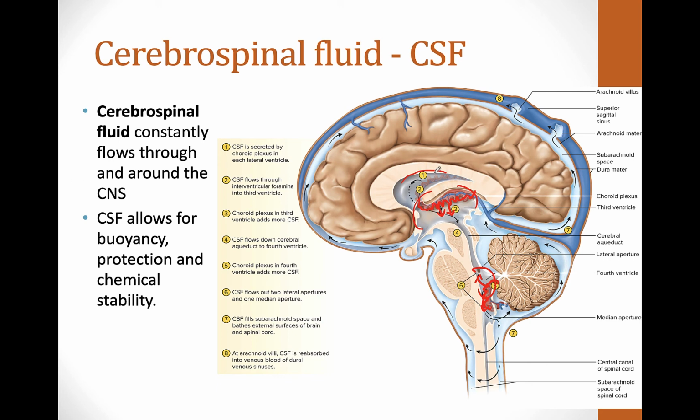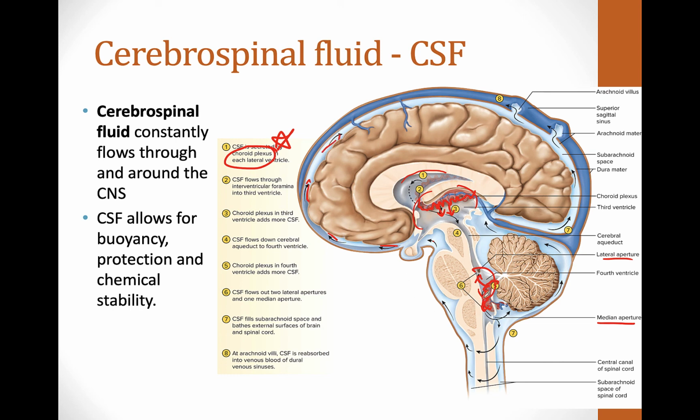So it's made here. It can kind of follow this process. It's secreted by the choroid plexus, and then it's going to follow down into the ventricles. There are some apertures in the ventricles to allow it to leave the ventricle and circulate through the subarachnoid space.